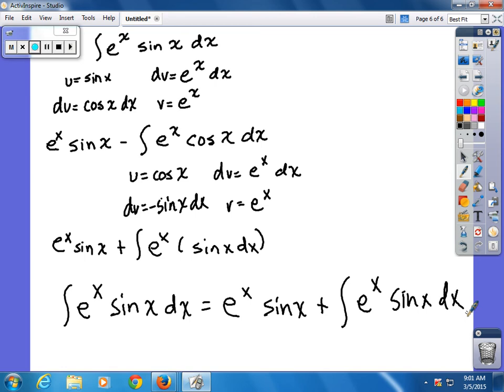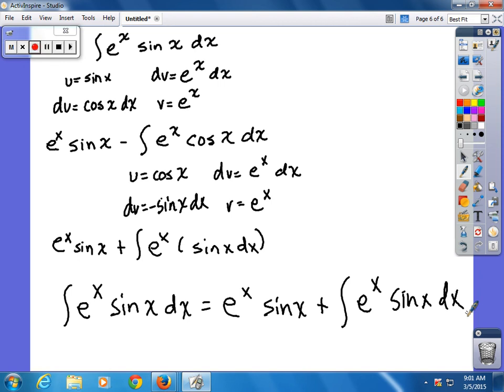So you can put in the uv for it. E to the x, minus cosine of x. Right here? Yeah. You've got your uv minus. Should be e to the x cosine of x.